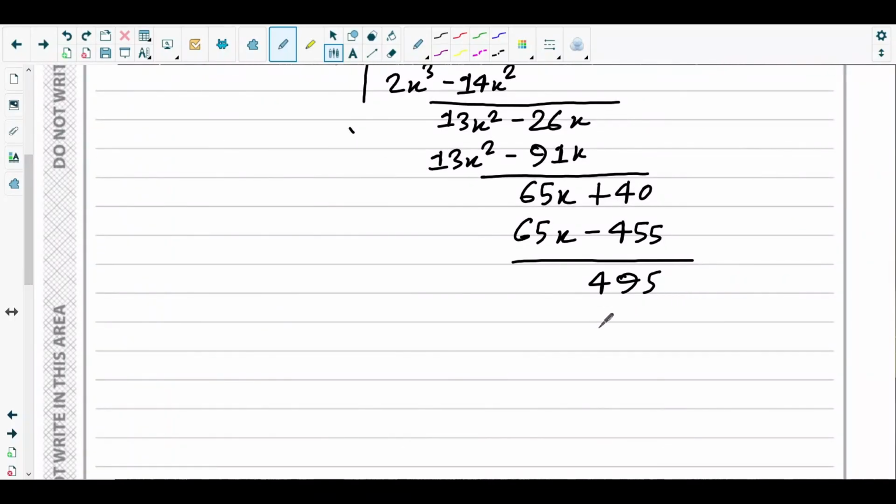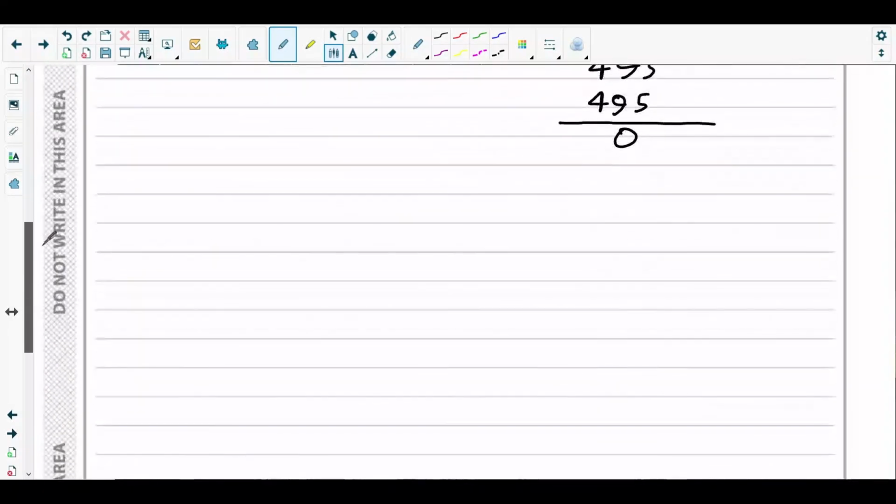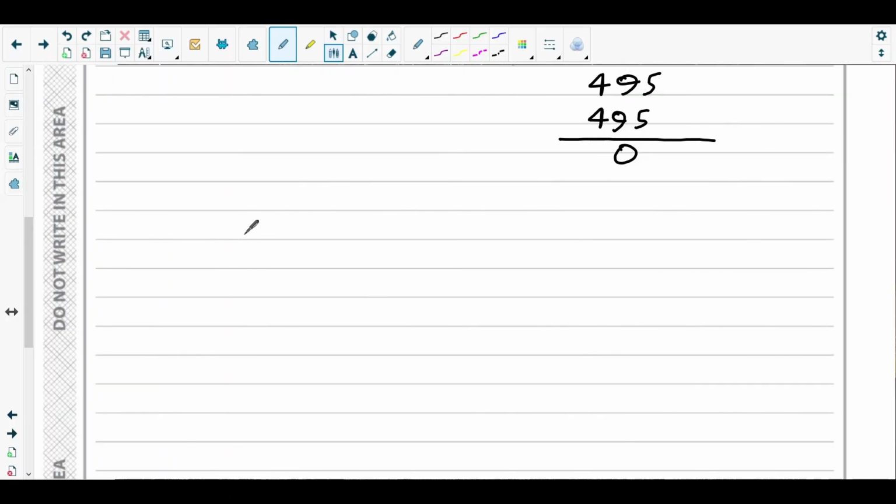So that we can have 495 there, and the remainder becomes 0. Okay, so we got remainder 0. That means our long division is done.